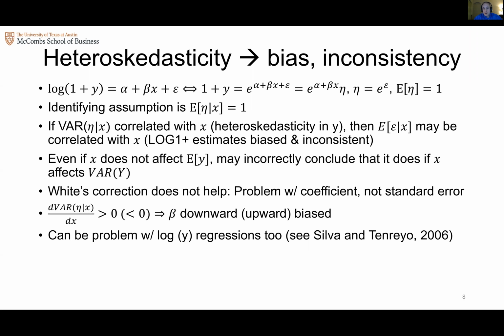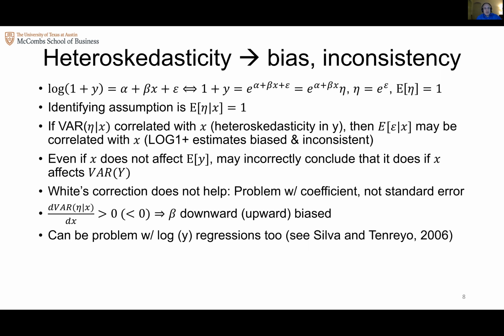And this causes both bias and inconsistency in the estimates that we're taking out of these log of 1+ regressions. I'm going to show you a couple of pictures on the next few slides that I think will make it a little more clear why heteroskedasticity, in combination with this nonlinear transformation, potentially ends up inducing bias in the estimates.